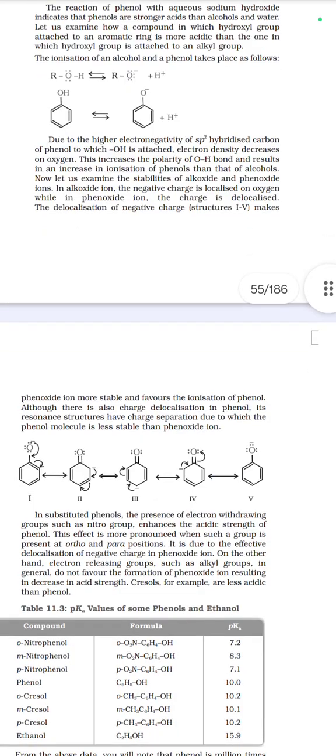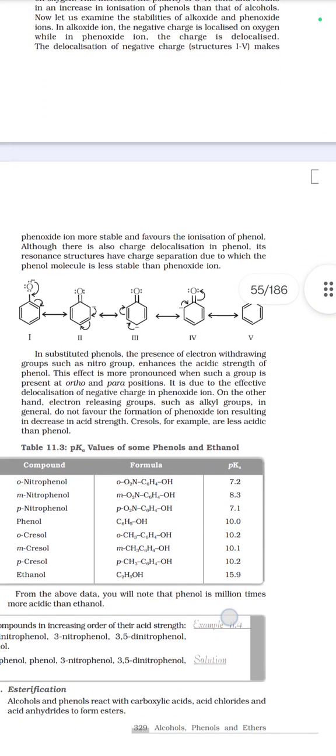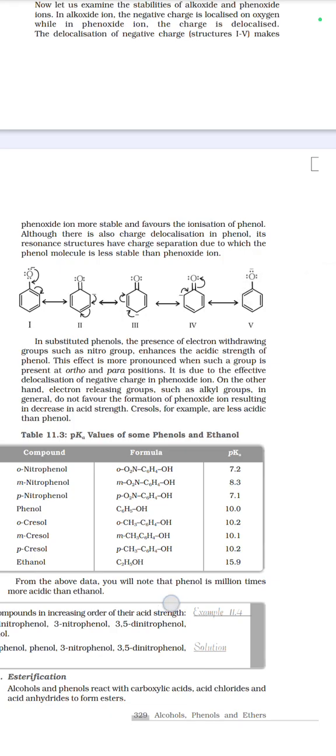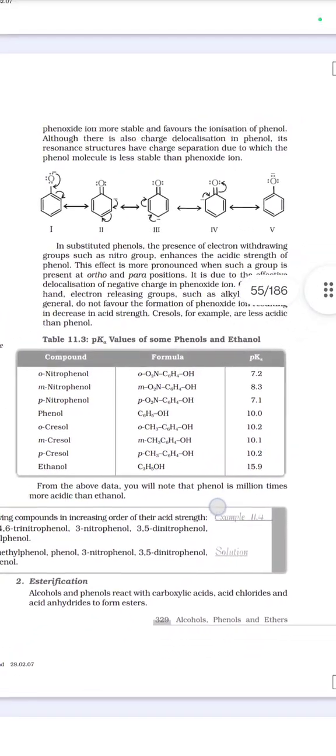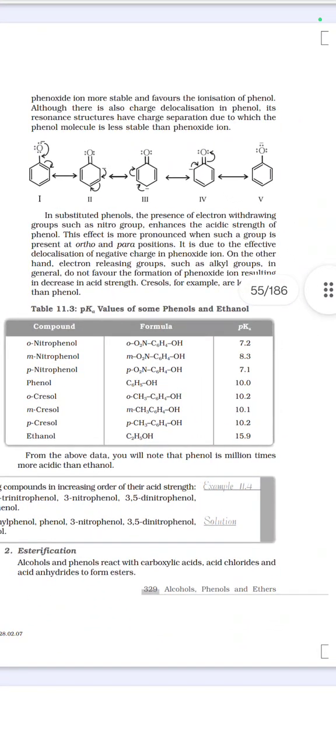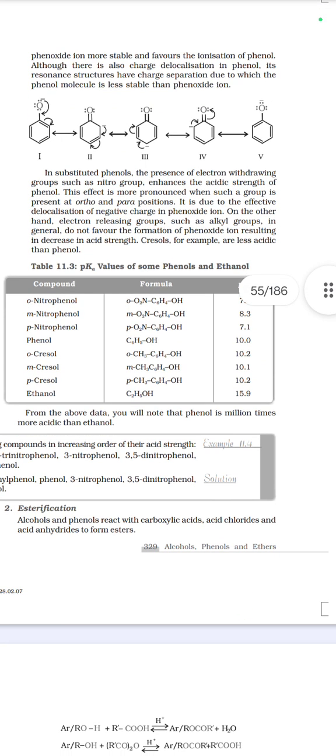The delocalization of negative charge makes the phenoxide ion more stable and favors the ionization of phenol. Although there is also charge delocalization in phenol, its resonance structures have a charge separation, due to which the phenol molecule is less stable than the phenoxide ion.